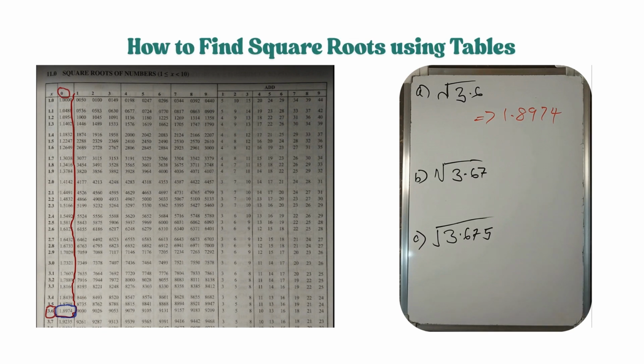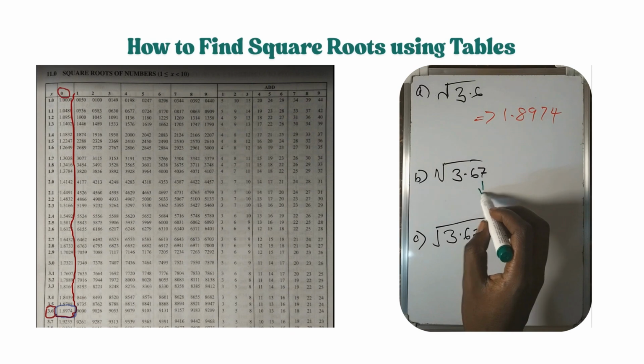And for 3.67, to find the square root of 3.67, let's locate row 3.6 in the same table, and move horizontally to column 7.